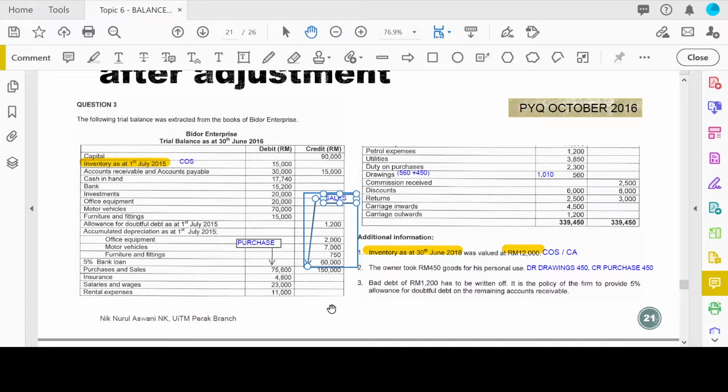I hope you still remember our discussion in the previous topic. So is it clear? Now there will be an adjustment to the purchase account, where we have to deduct 450 from purchase account. So this working is for purchase account.